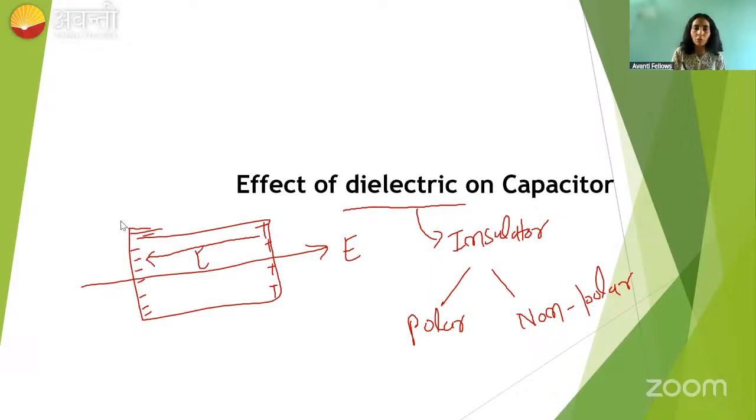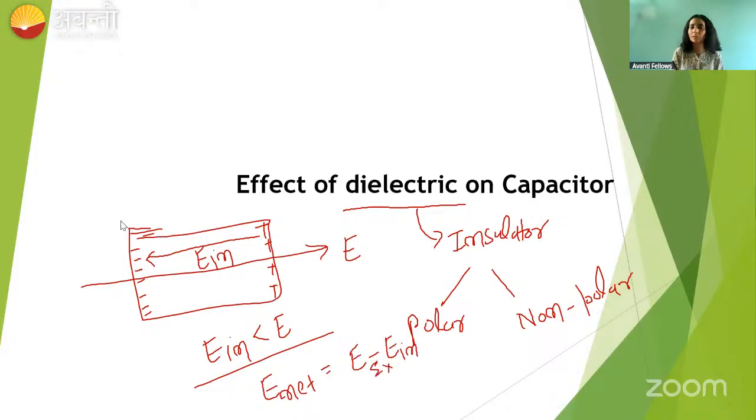And the value of the induced electric field, I told you in the previous class, is less than the value of the external electric field. Done it? And the net electric field inside the insulator or dielectric will be equal to E minus E induced.